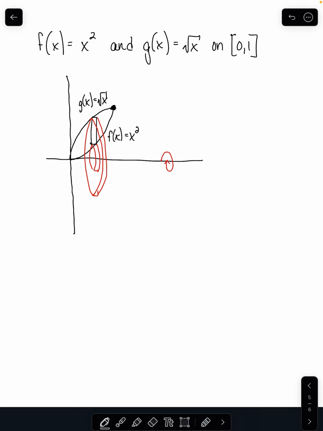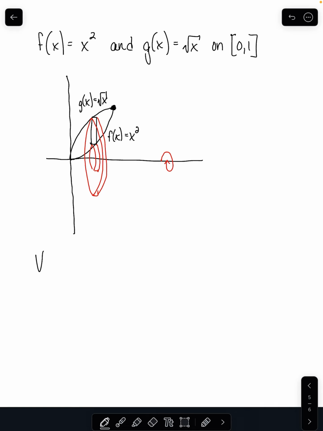We should probably recognize this from the area between two curves, where instead of the region going all the way down to the x-axis, it was bounded from below by a separate function. We have that same effect here, where we have one function providing the outer radius, while another function provides the inner radius.